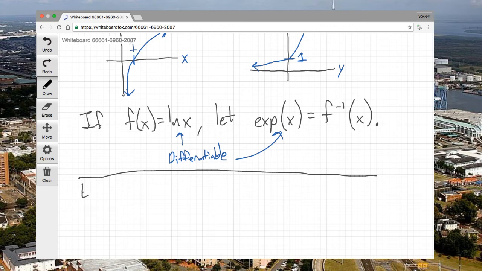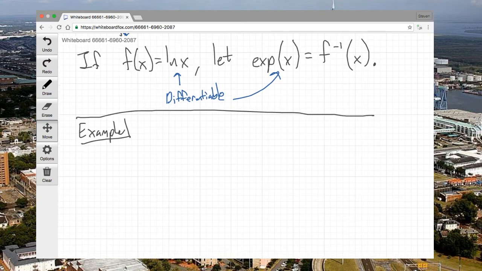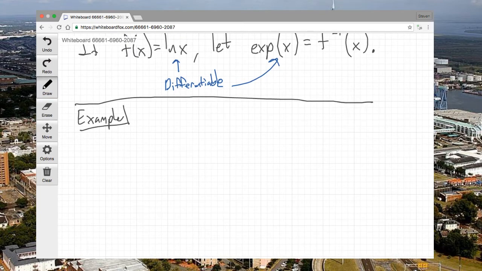So here's an example problem. We're going to use a theorem from your Calculus 1 class. I'm going to remind you of it. This is not something I expect you to have memorized.